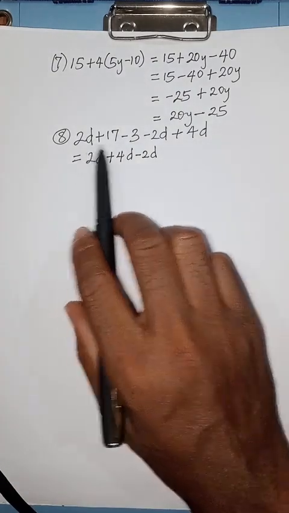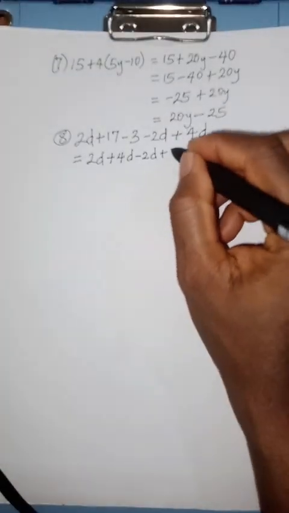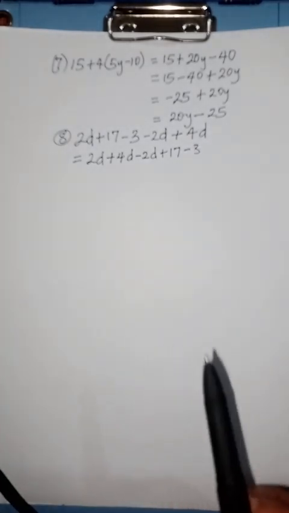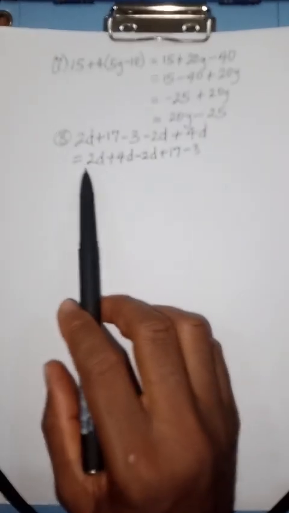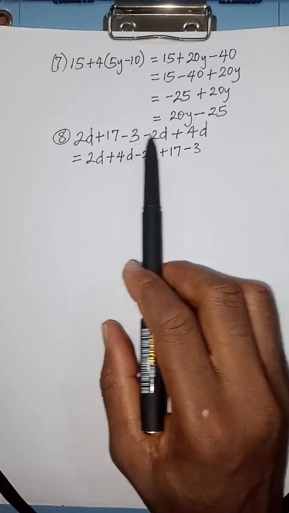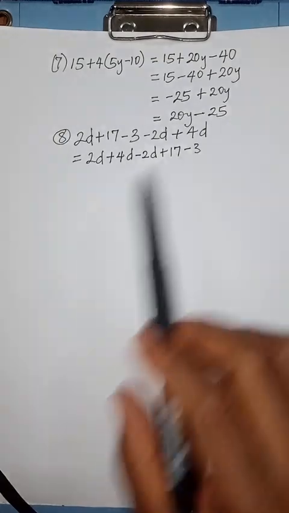I'm done picking all the d's, so I go pick the other numbers. Plus 17, minus 3. Again, I'm going to count to make sure the expression is complete. 1, 2, 3, 4, 5.